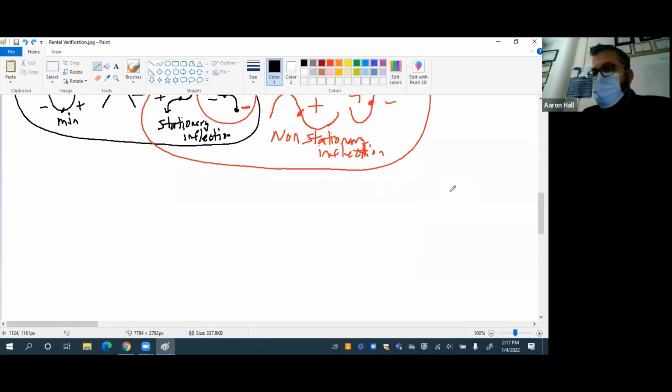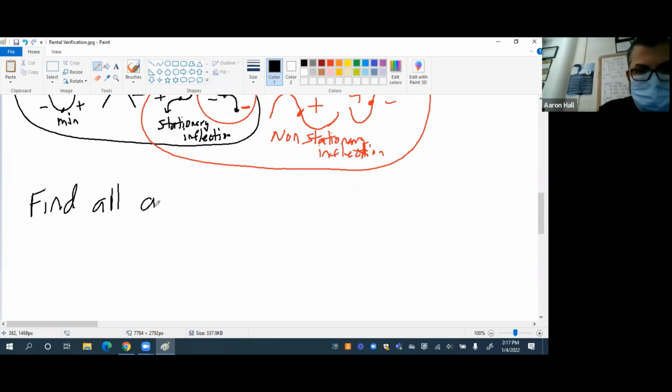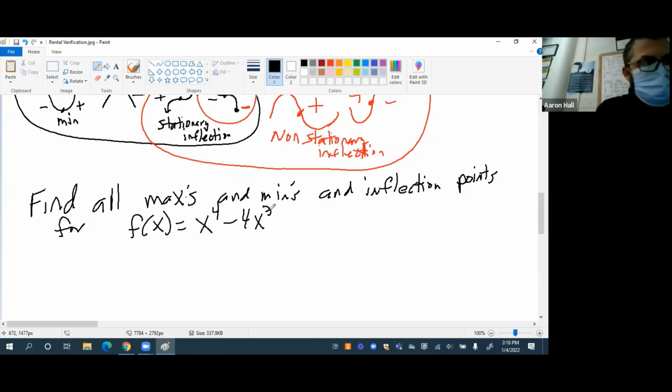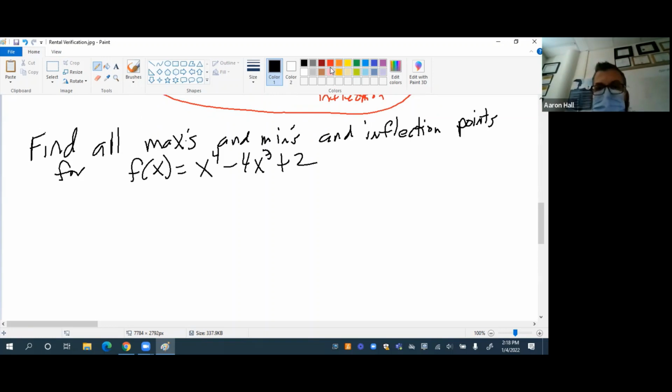I want to find all maxes, mins, and inflection points for f of x equals x to the power of 4 minus 4x cubed plus 2.